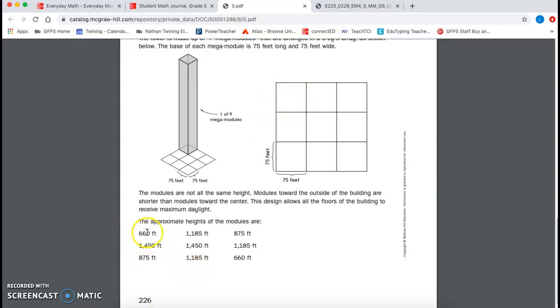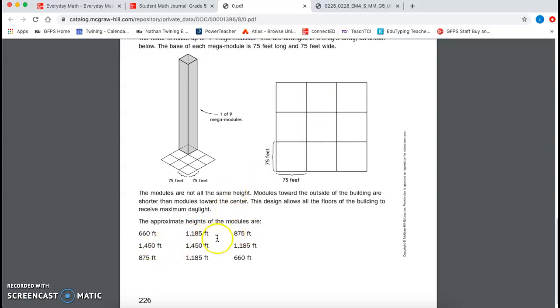Okay, so that is the height of one of your modules. So it has the area of the base of 75 times 75, and then you have to multiply that by 660. Okay, so that would be the volume of one module. Then you'd have to multiply 75 times 75 and then multiply it by 1,185. That's the volume of the next module.